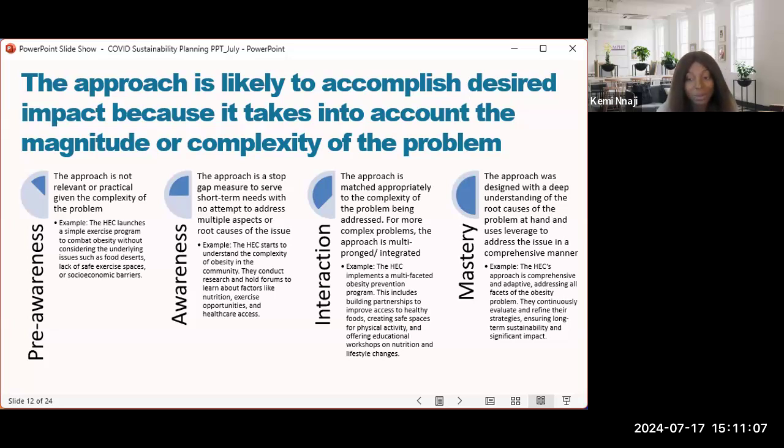Mastery is where the HEC designs a comprehensive and adaptive approach that tackles root causes and continuously refines their strategies for long-term impact. An example of that is the HEC addresses all aspects of the problem by continuously evaluating and refining their strategies to ensure long-term sustainability and significant impact.